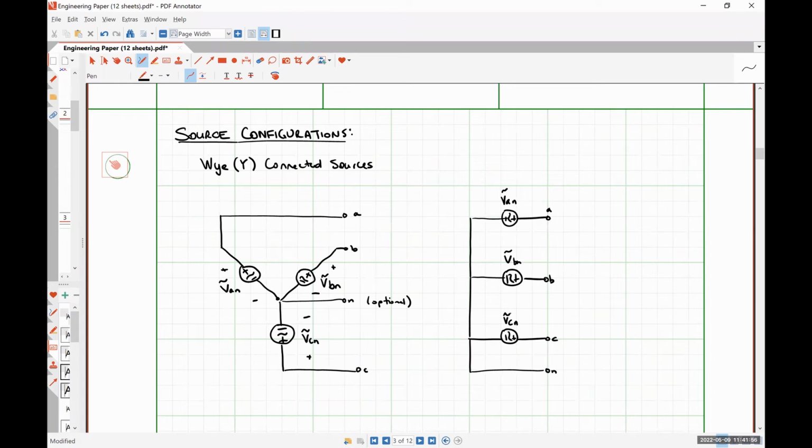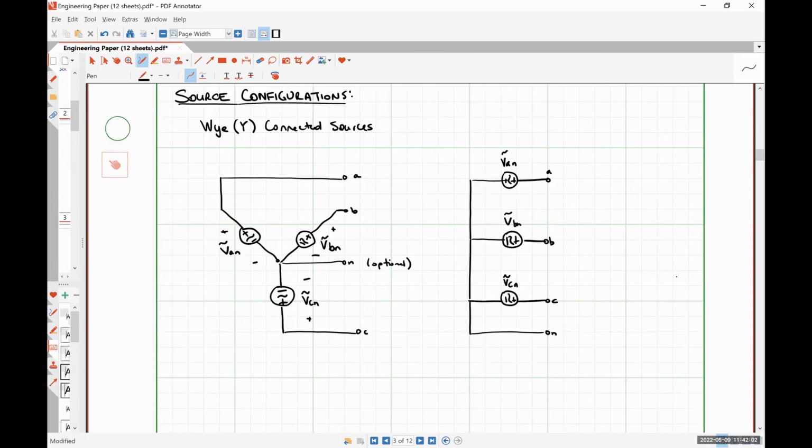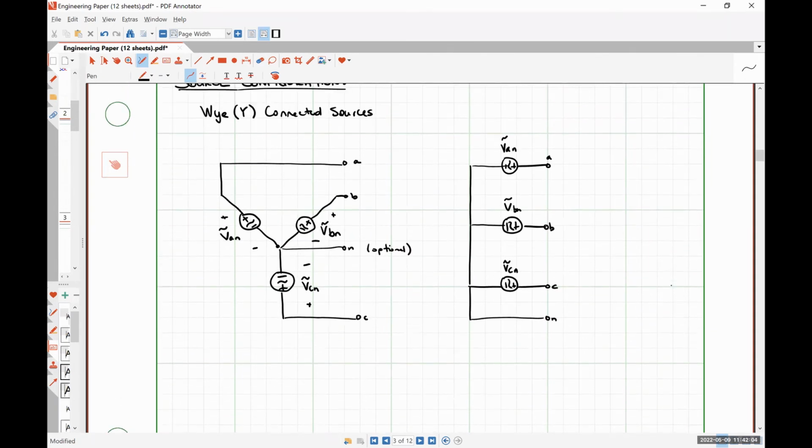We can identify several very important parameters of interest for this Y-connected source, and this is where our lesson on jargon largely begins. The first thing we are going to talk about is our phase voltages.